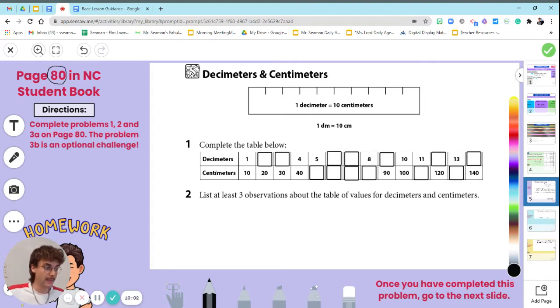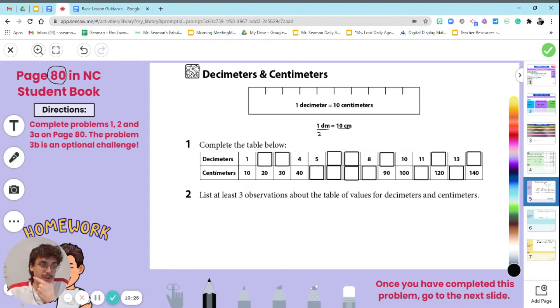Now, if you can see number 1, it says complete the table below. It has decimeters and centimeters, and it has 1, 10, blank, 20, blank, 30, 4, 40. One thing that I know is 1 decimeter is equal to 10 centimeters.